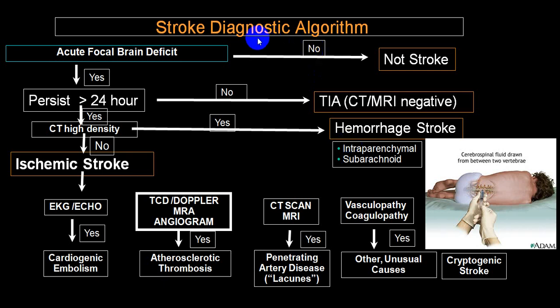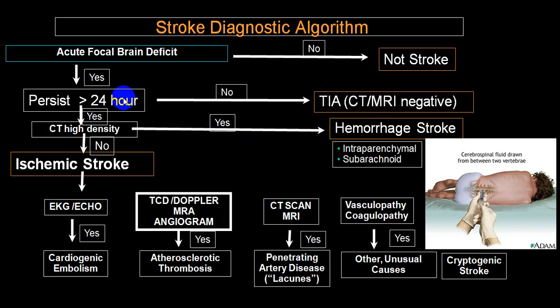So this is a simple diagnostic algorithm. If there is an acute focal brain deficit, if the answer is no, it is less likely to be stroke. If the answer is yes, if it is persistent more than 24 hours, answer is no, more in favor of TIA. And TIA will show you in CT and MRI, it will be negative.